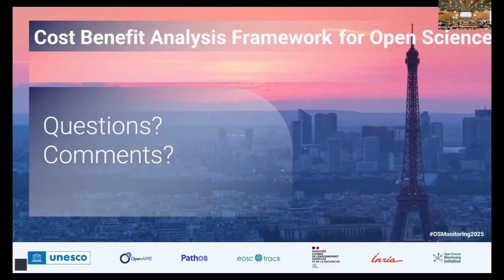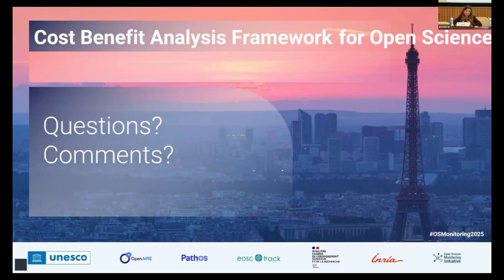I may complement perhaps, but yes, indeed, the cost-benefit analysis mainly focuses on the efficiency types of aspects. So the reduced time to perform research, the avoided costs for storage of data, for example, and the most immediate effects that relate to the user.